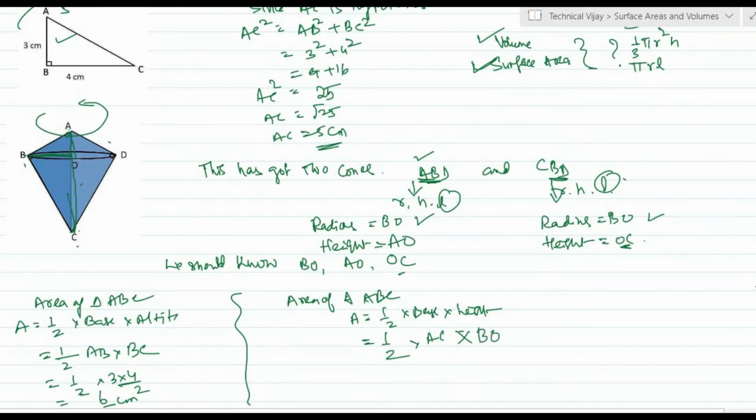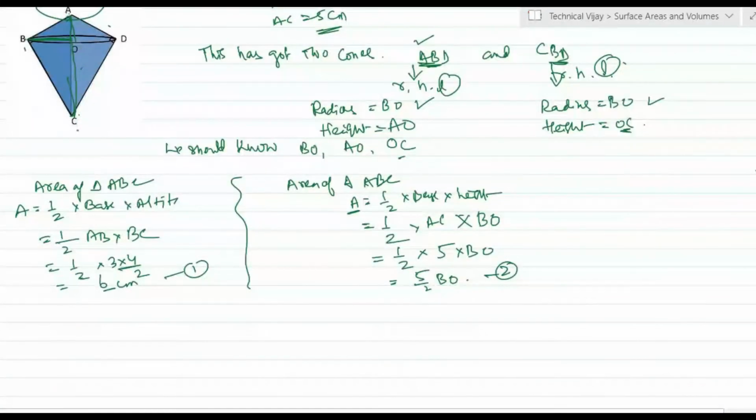So the area is equal to half into AC, which is 5 centimeter, into BO. So now this is 5 by 2 BO.